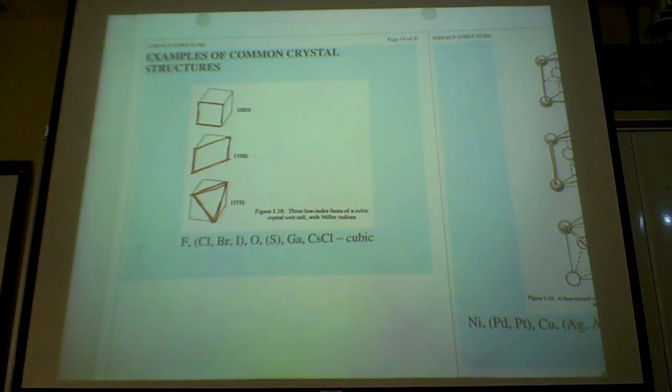So if you check the literature, let's say you want to look for a silicon 100 surface. You try to do a survey of the literature, and you find that the majority of people write 100. They never write 001. They certainly would not write 010.